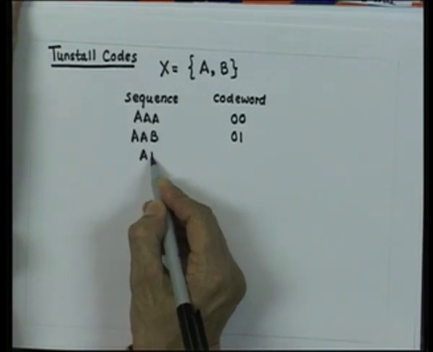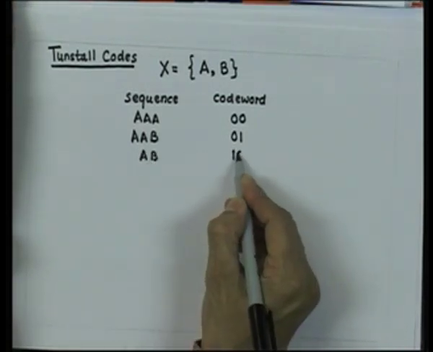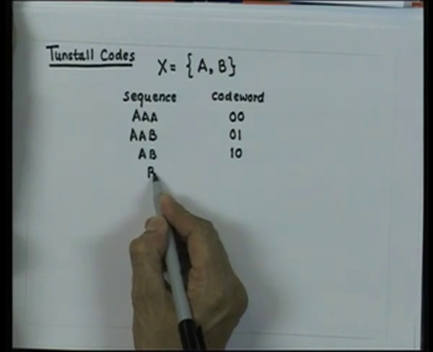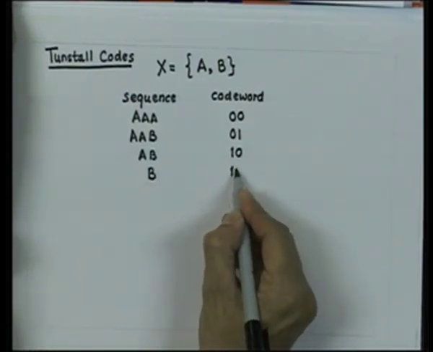If it is AB, it is 10, and if it is B, it is 11.